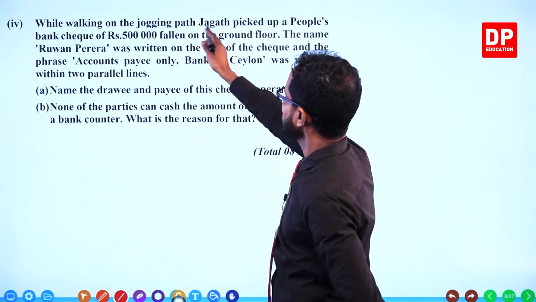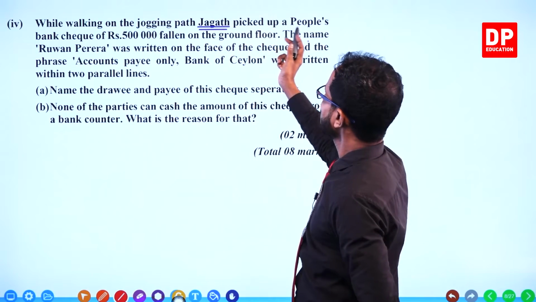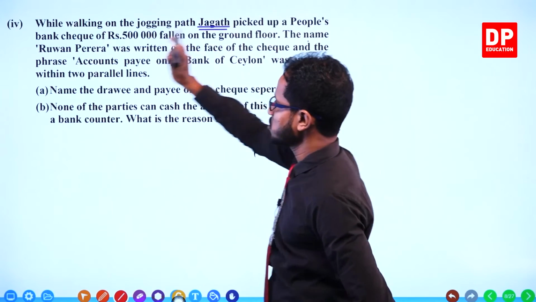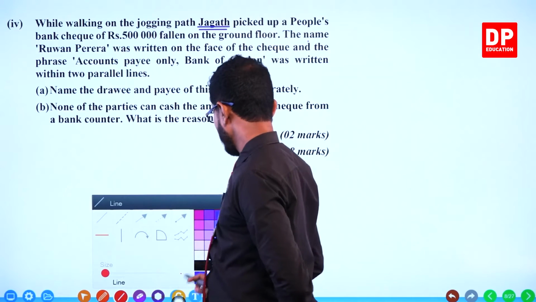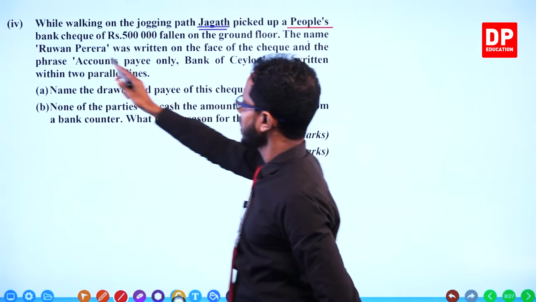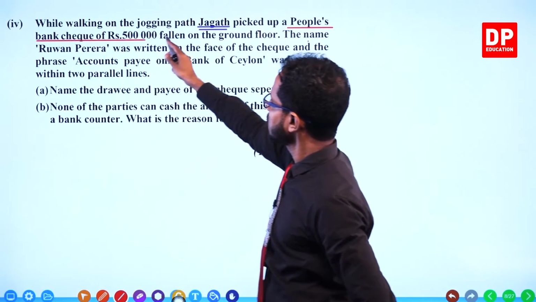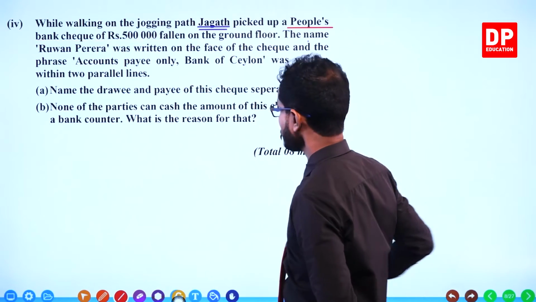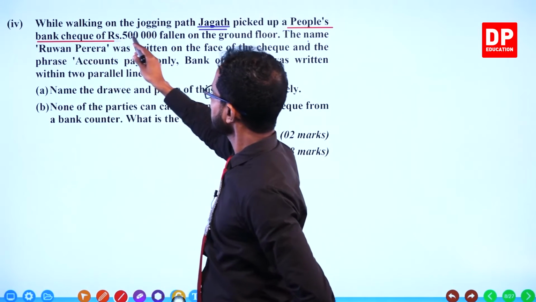Jagat is the guy who picked up the People's Bank check. The check is from People's Bank, 500,000.